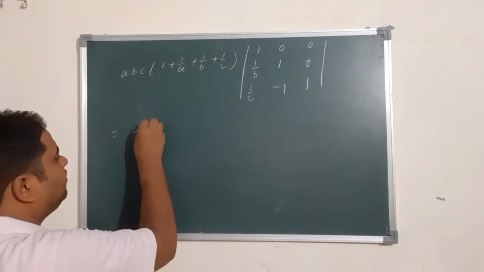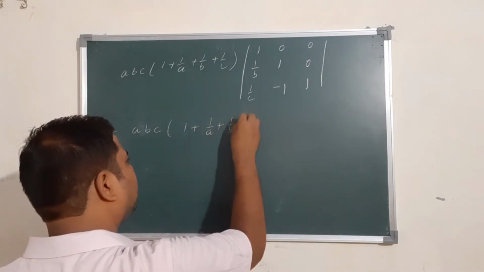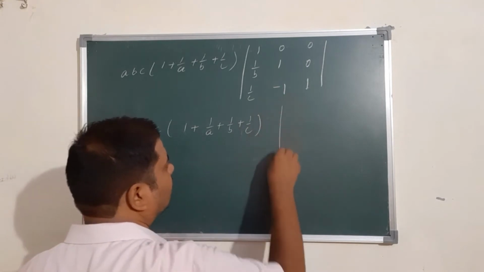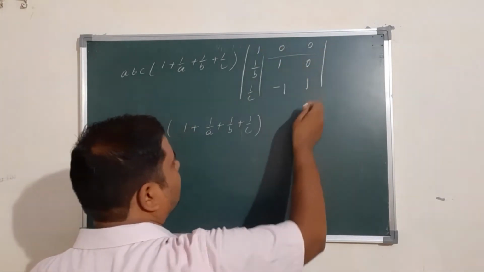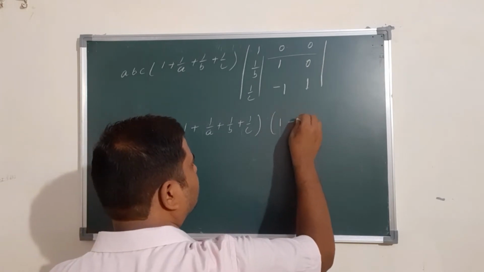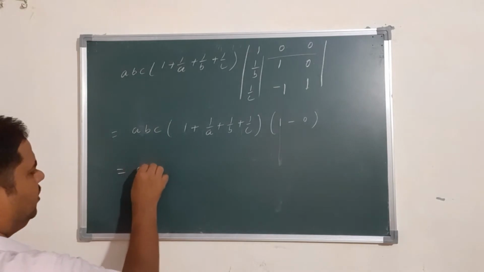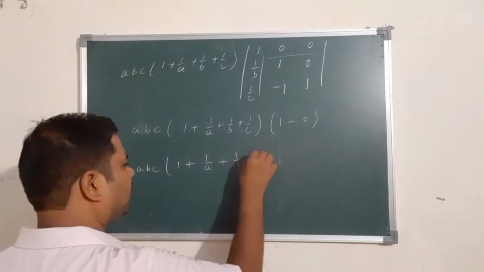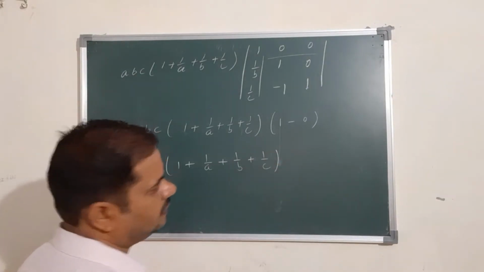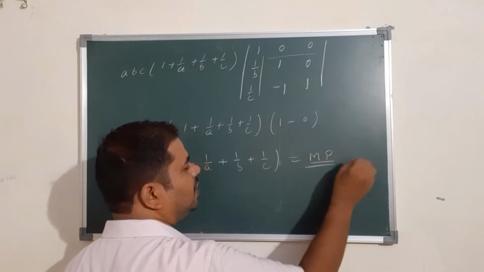After expanding, this is abc times (1 plus 1 upon a plus 1 upon b plus 1 upon c), and leaving this row and this column, we get 1 into 1 minus 0 into 0, which is 1. So we have abc times (1 plus 1 upon a plus 1 upon b plus 1 upon c). Okay, this is your middle part of the question.